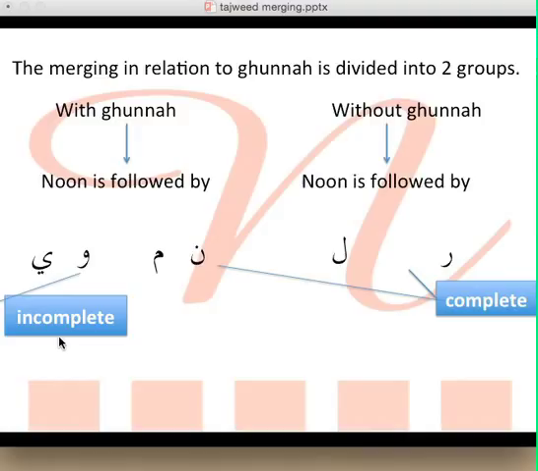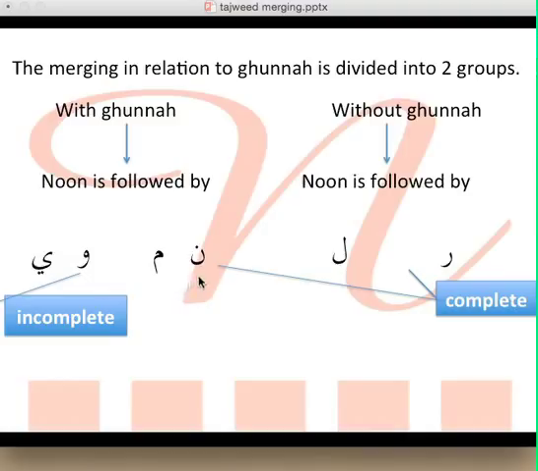So we don't read the noon, but we read the ghunna. We don't see the ghunna written, but we have to apply it. Every time we've got the waw or the ya, we have to stretch and make ghunna two counts.